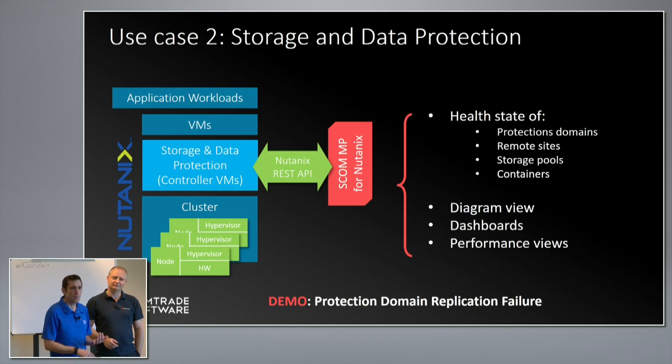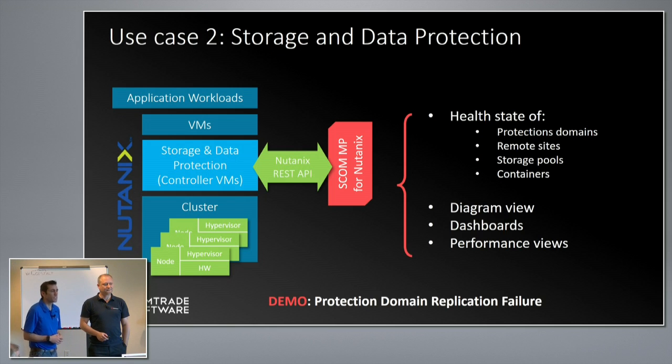For example, AWS or Azure, we have our Cloud Connect feature, which allows us to essentially back up that data right now to Azure or AWS. So it's really important to understand that, and this is essentially around snapshots and replicating snapshots either between clusters or between the cloud and hybrid story. And then using a management pack like this to be able to monitor that story across the entire environment.